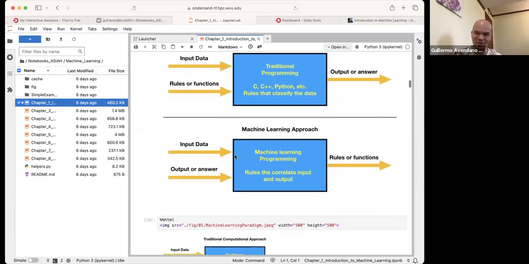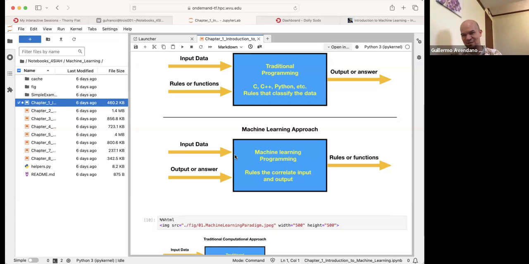In the machine learning approach, what we offer is the input data and the output, and inside there is a very general model with a lot of parameters. So the procedure is there, but it's still with a lot of levers that can be pulled here and there to change how those input data will be mapped to a certain answer.